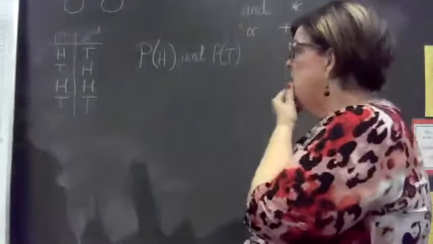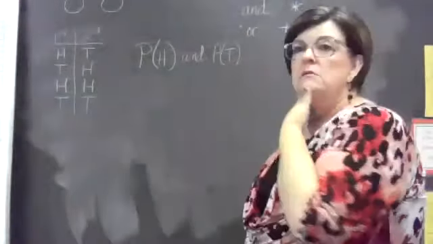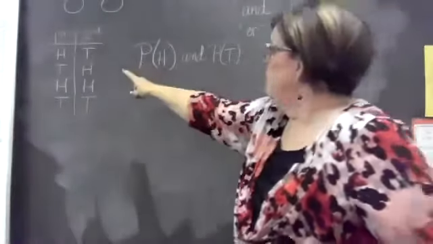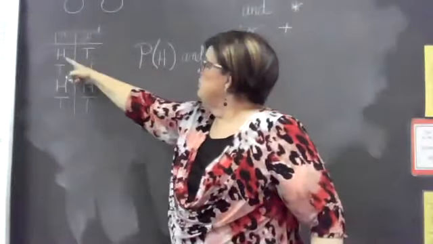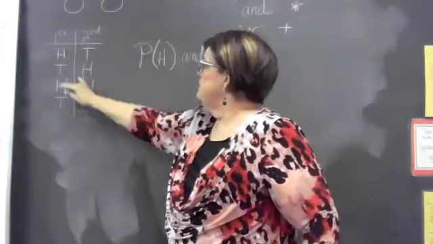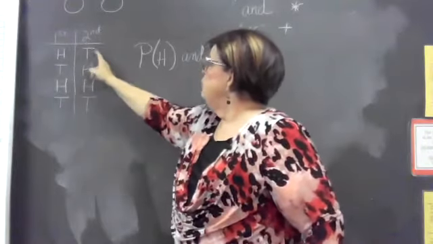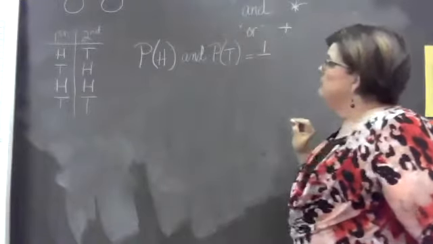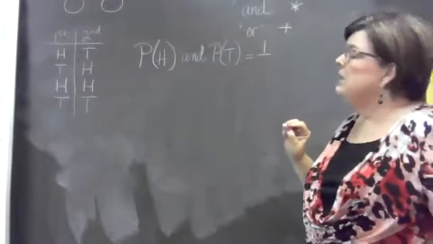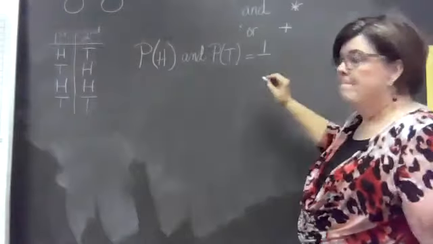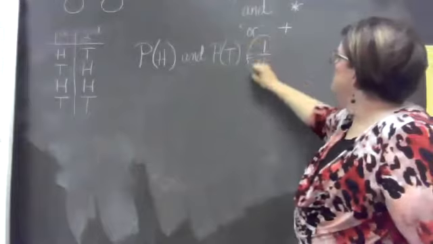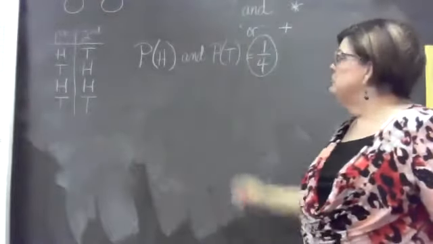How many times did that happen? 1 time, where heads is on the first coin and tails is on the second. It didn't happen again. So it's 1 chance out of how many outcomes? 4. Now, where I was talking about the and, I need you to understand this too. Either way is fine.